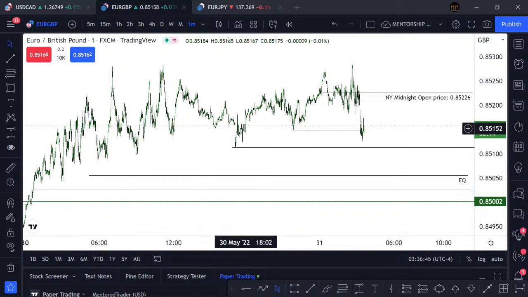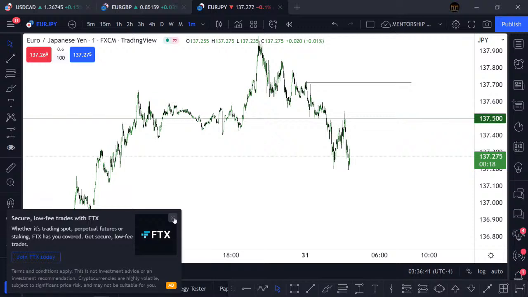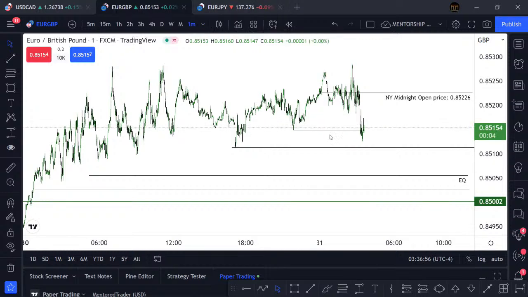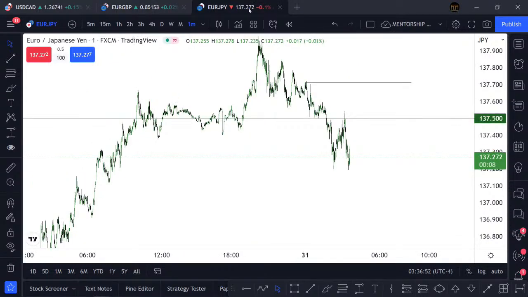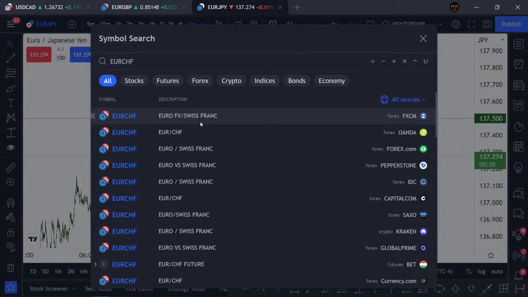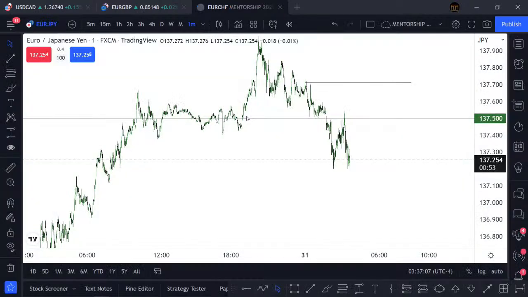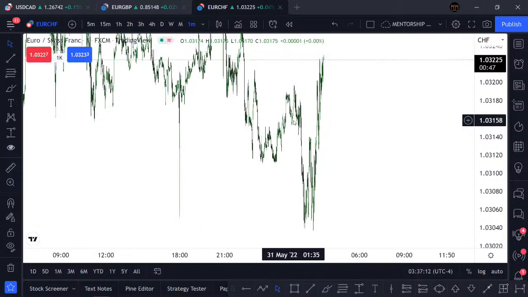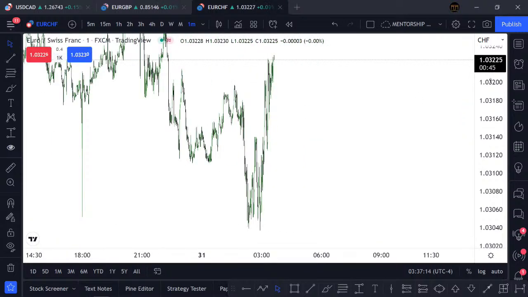Let's go ahead and look for the euro with the foreign currency. This is the euro pound, then euro Swiss. Okay, this one has already moved.